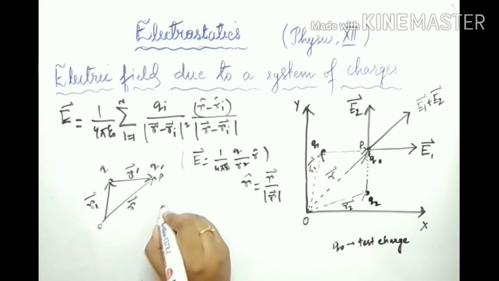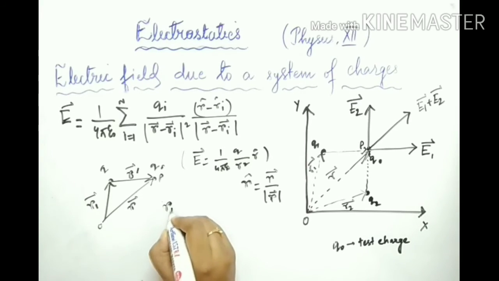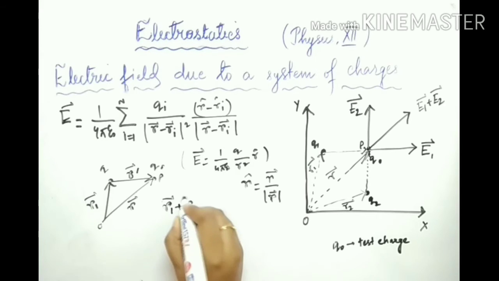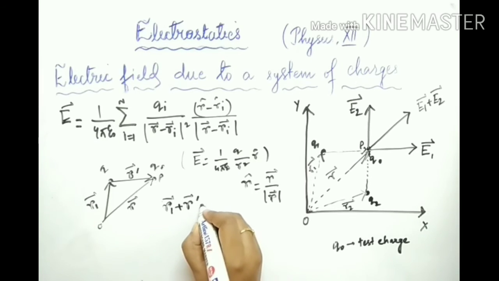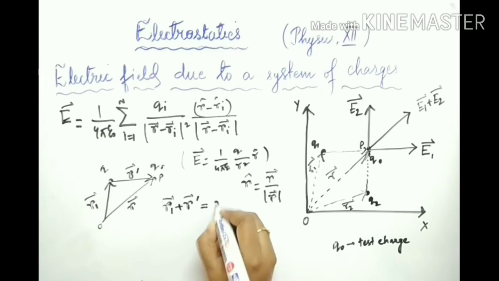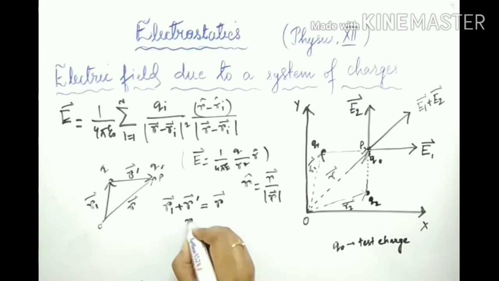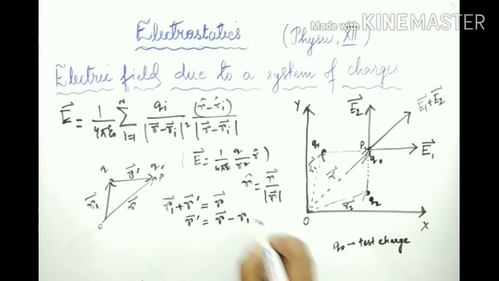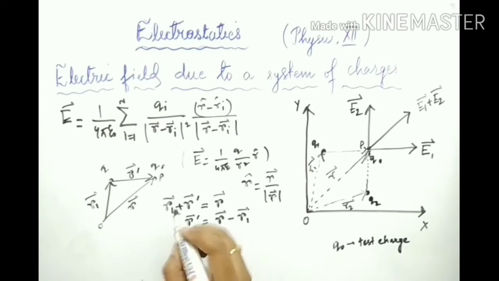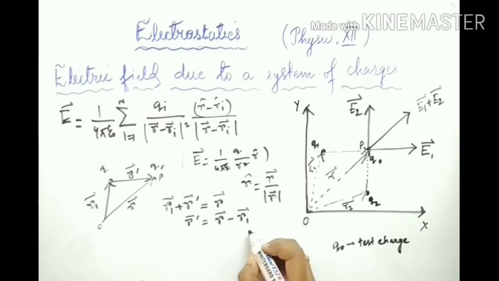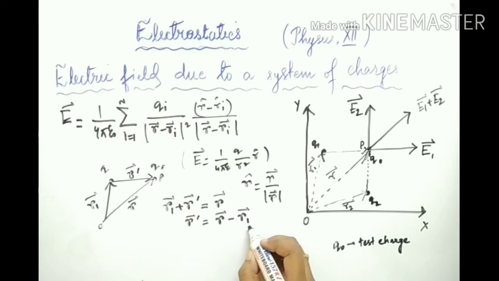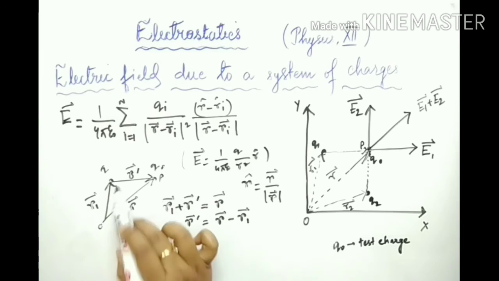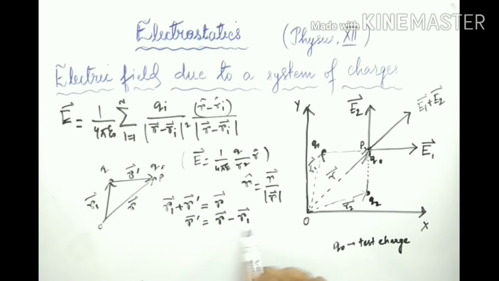From the addition of vectors, r1 vector plus this vector equals the third vector, which is this. That means this vector equals r minus r1 vector. So this direction is given by this vector.